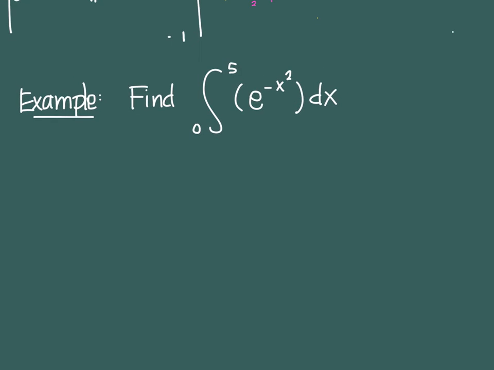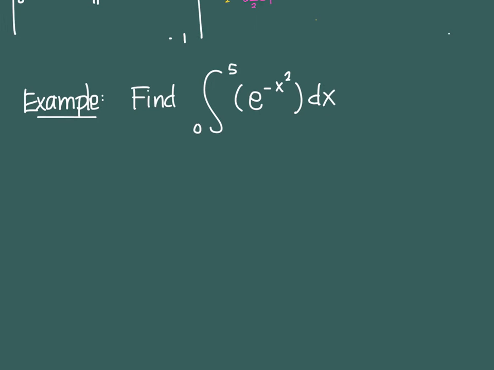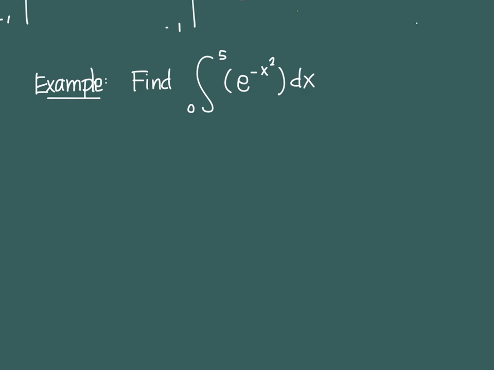Now, we knew what a semicircle looked like. We knew what a triangle looked like. We even knew what sine and cosine looked like. But do you know what e to the negative x squared looks like? This would be in a section where you could use your calculator. So let's look at a picture of this. Grab out your calculator and go ahead and graph that on that window from 0 to 5.